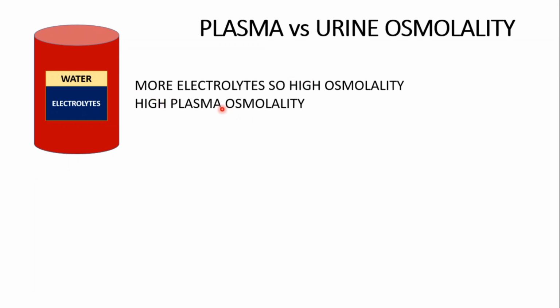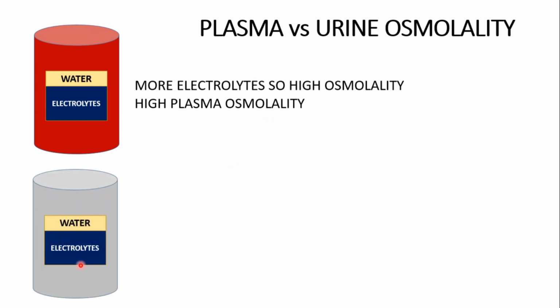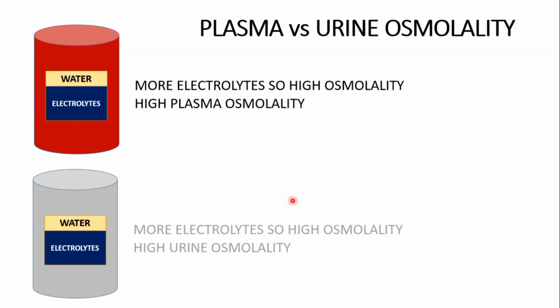So in that, there are more electrolytes and less water, which means high plasma osmolality. Now take another compartment as the kidney tubules. Here, if you see, there are more electrolytes compared to water. More electrolytes means high osmolality. Since this is in the kidney tubules, it is called high urine osmolality. This is the difference between plasma osmolality and urine osmolality.